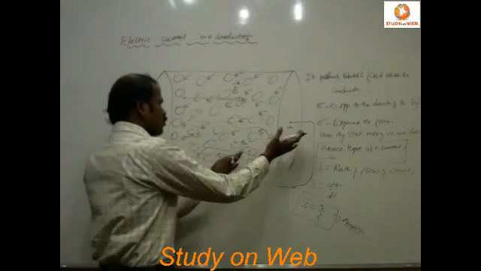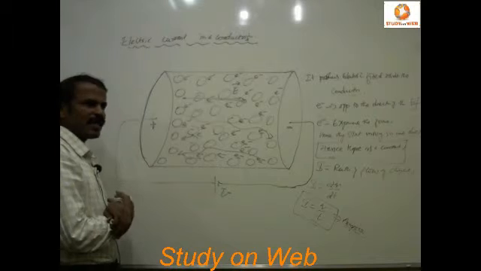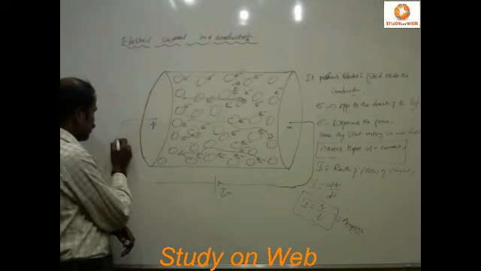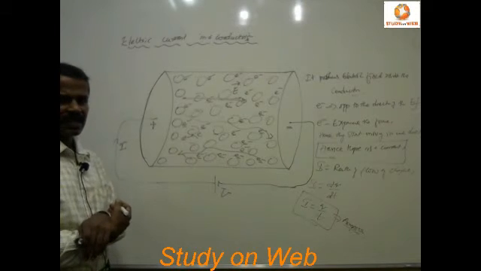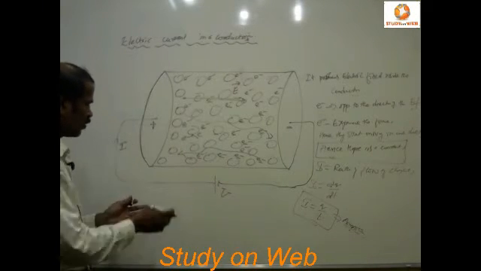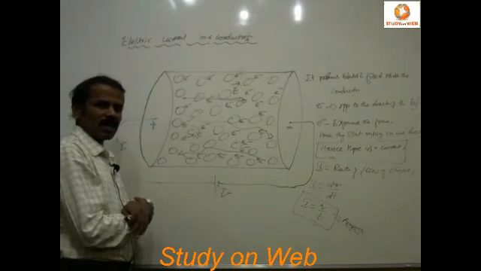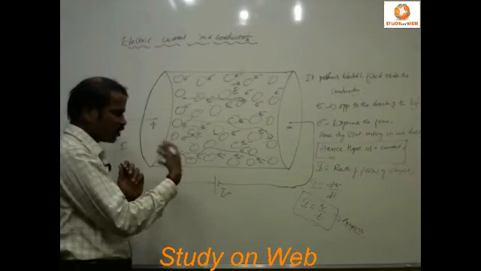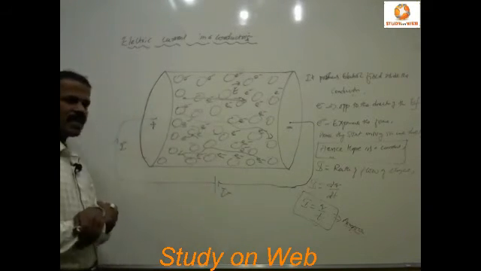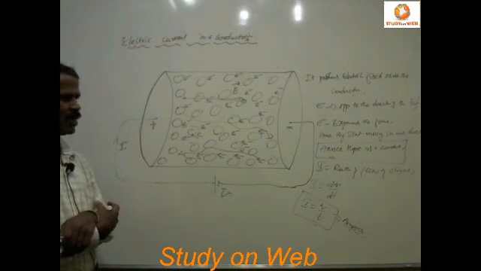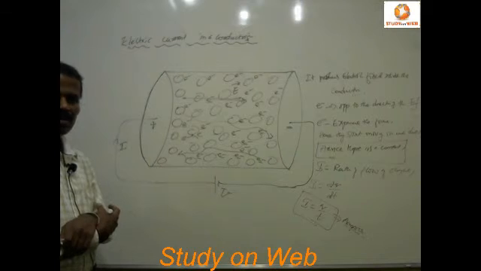As the electrons move from the negative end to the positive end, in the opposite direction there will be a current. Conventionally we took the direction of the current as opposite to the direction of the flow of electrons. It is only the conventional direction actually.